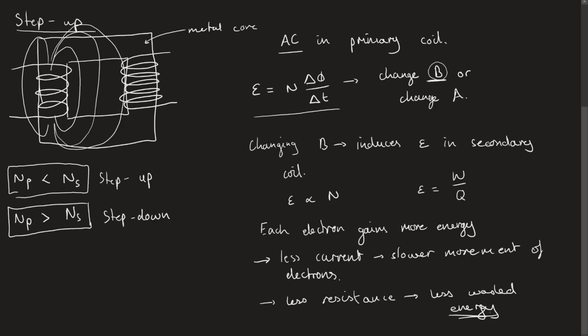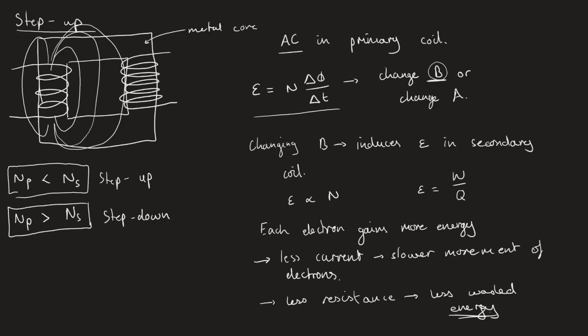The step-up transformer has to increase the voltage and decrease the current so that we can have miles long wires that can conduct that electricity without losing it all along the way. If we've just had a wire with a very, very long distance, the resistance of that wire is going to increase massively.